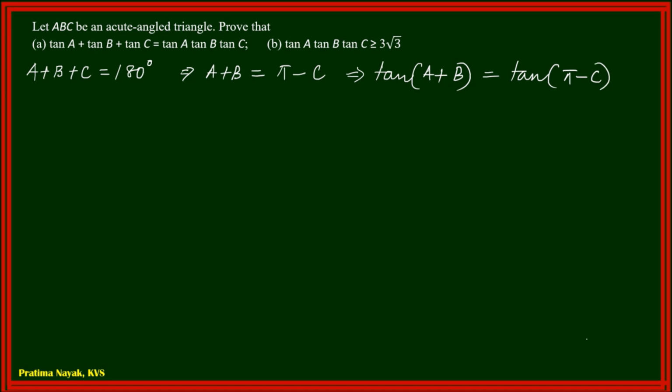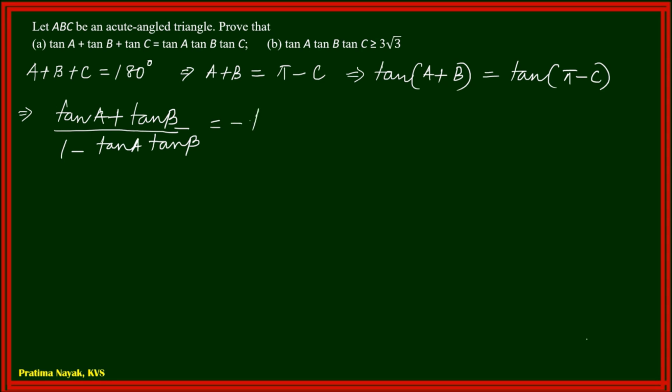So here we need to recall two formulas. One is tan of A plus B, that is the compound angle, that is equal to tan A plus tan B over 1 minus tan A tan B. And the second formula is tan of 180 minus theta is equal to minus tan theta.